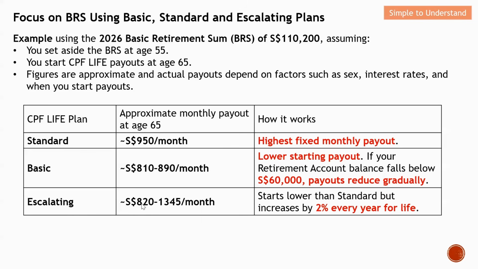The advantage is that every year of your lifetime, the amount will be increased by 2%. So at roughly about 90 years old, you are able to receive 1.3K, roughly around there. Basically, this is the key difference for the different plans.